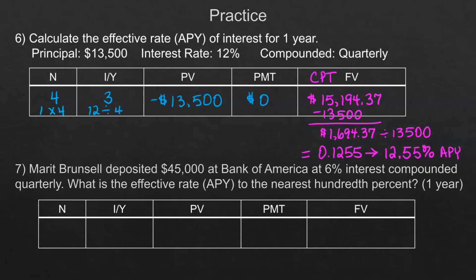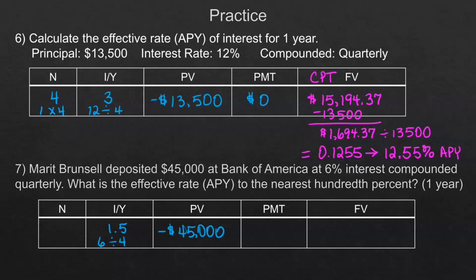And the next question is very similar. So we're going to put in $45,000 at 6% interest compounded quarterly. So we will divide that by 4, and that's 1.5 per quarter.